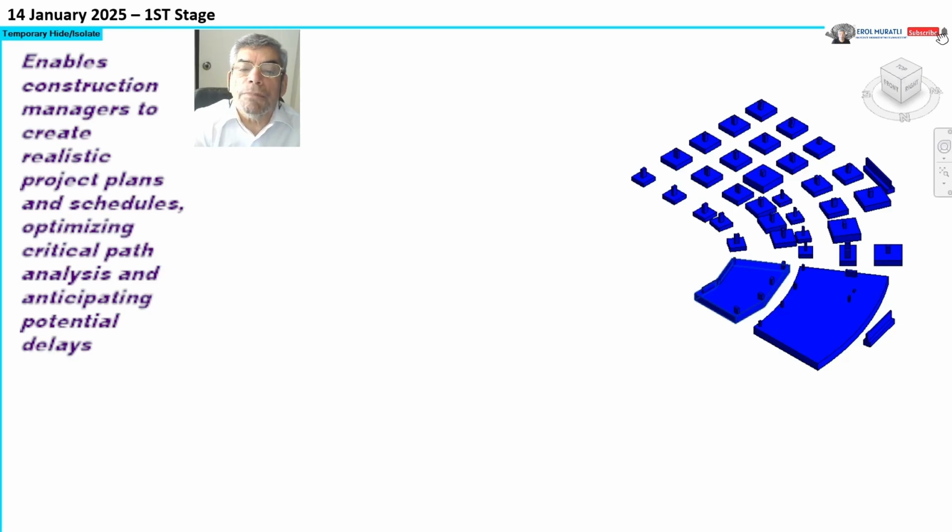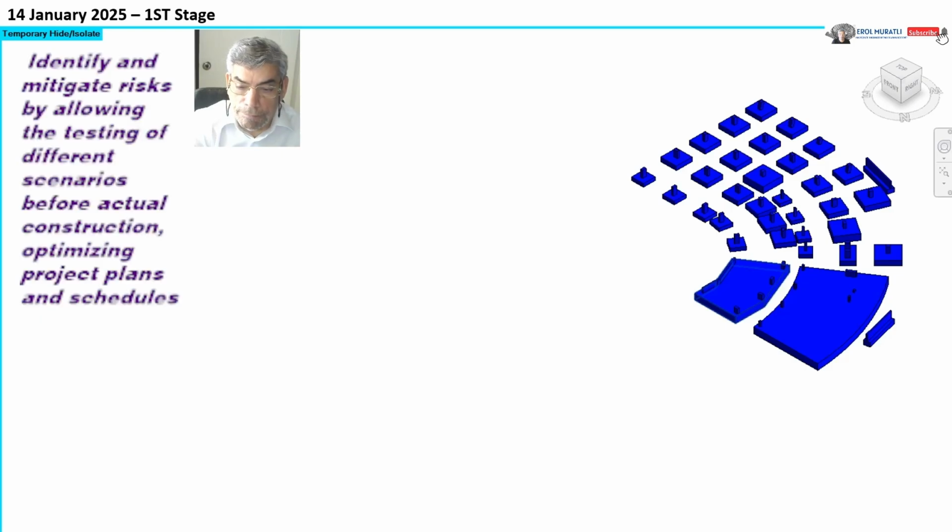Enables construction managers to create realistic project plans and schedules, optimizing critical path analysis and anticipating potential delays. Identify and mitigate risk by allowing the testing of different scenarios before actual construction, optimizing project plans and schedules.